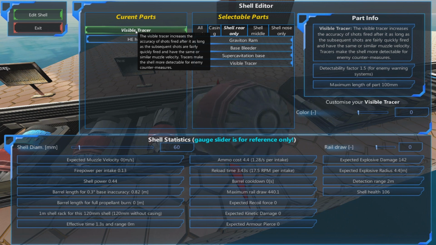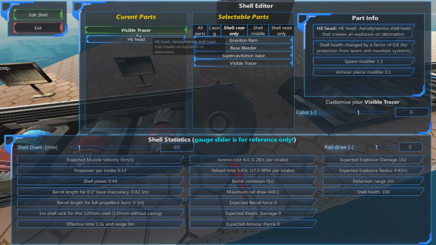Tracers make the shell more detectable for enemy countermeasures. What that means is that the more shells you fire, the more accurate each following shell is, which is great because APS could, and still can in some cases, fire very, very quickly, and it meant you didn't need a very long barrel to make your shells accurate because the tracers would just do the trick.